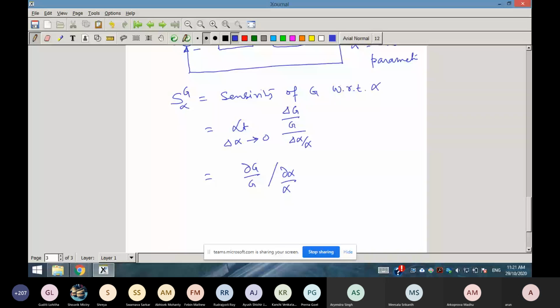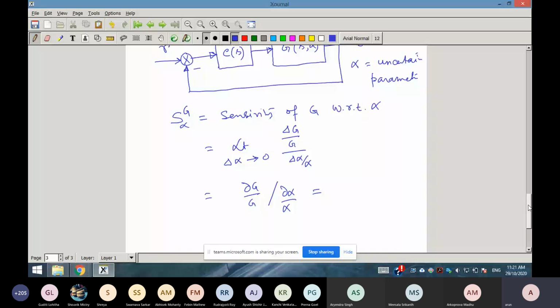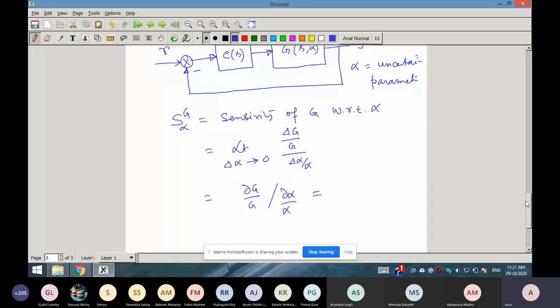Similarly, now here you can see open loop sensitivity, because if there is no controller, this is the sensitivity of G with respect to alpha. This is open loop sensitivity.